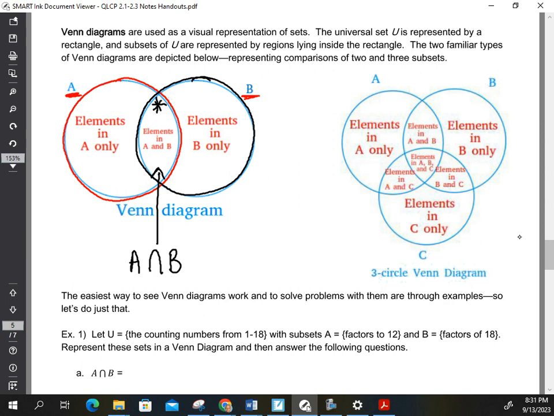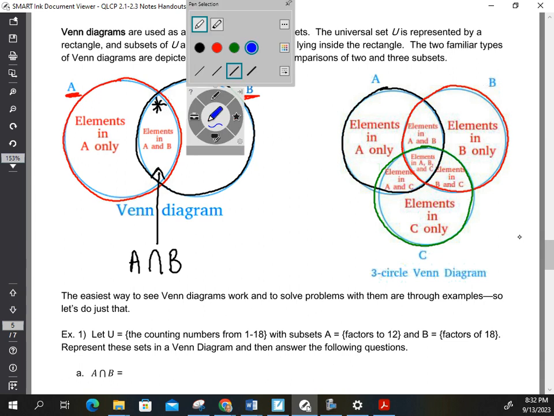Now, if you have a three-circle Venn diagram, it's a little bit more to pay attention to, but still amounts to the same thing. You have everything that's in circle A, everything that's in circle B, and now we have a third set, everything in circle C. That creates some more items. I'm going to use some highlighter work here.